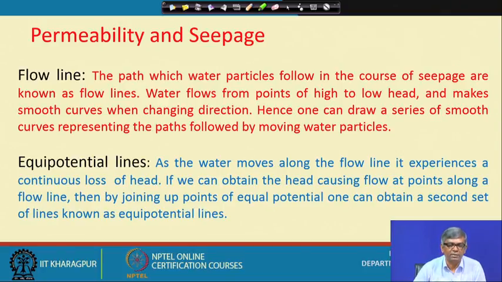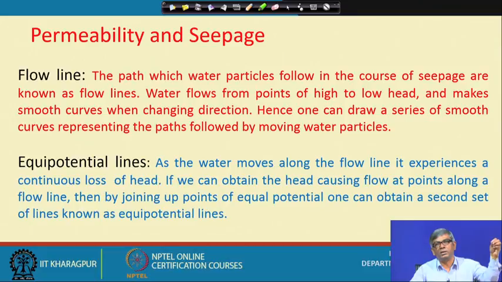Water flows from points of high head to low head, always from higher elevation to lower elevation, and makes smooth curves when changing direction. Hence, one can draw a series of smooth curves representing the paths followed by moving water particles.